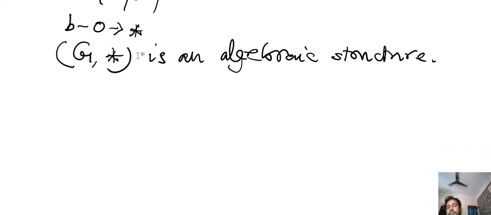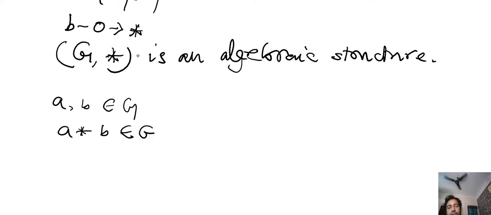Okay, now you have two elements in G, say A, B. And A binary operation with B also belongs to G. So which property holds? The closure property holds.